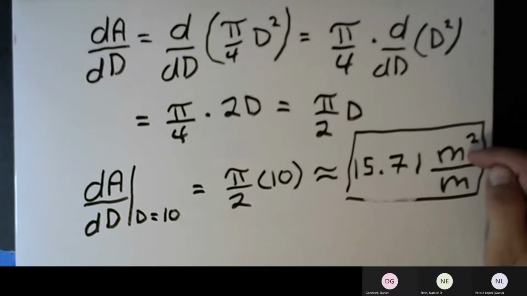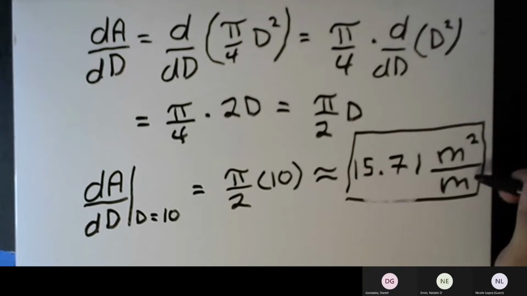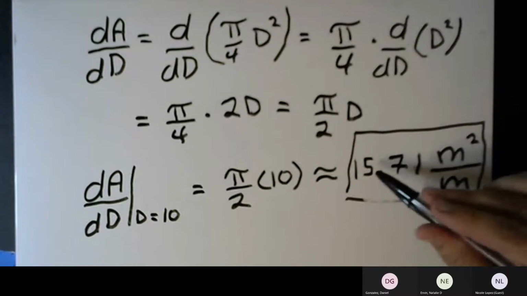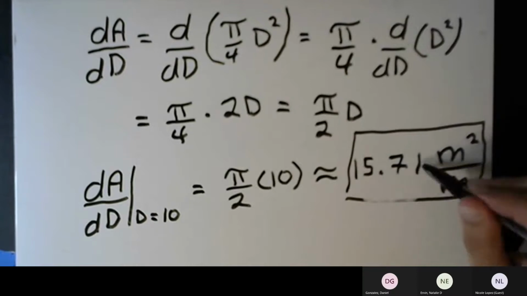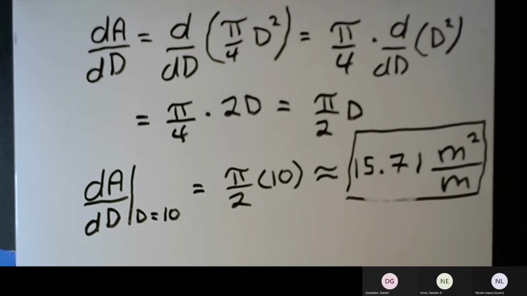But this is kind of nice to have it like this. This tells us this is an area relating to a length. And this tells us we have a change of 15.71 area units per length unit. So it's interesting that they would leave that there, but it kind of makes sense. So any questions about that?